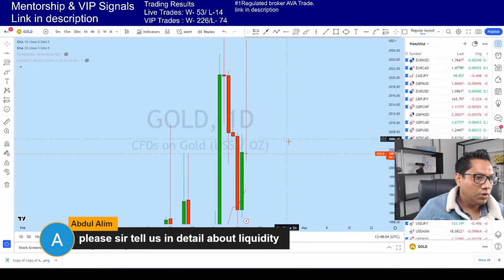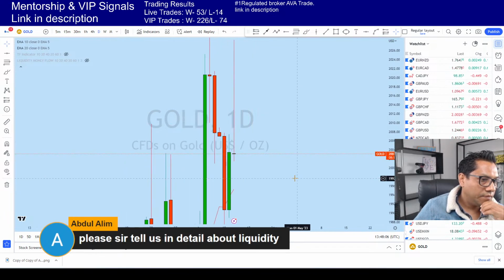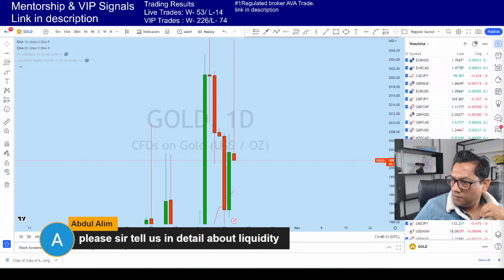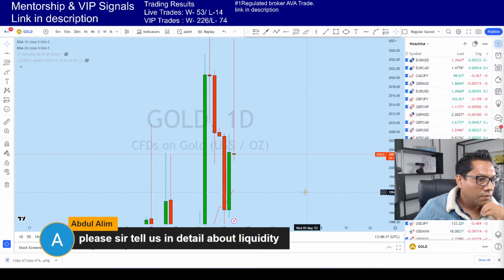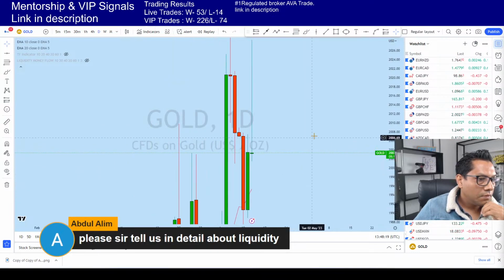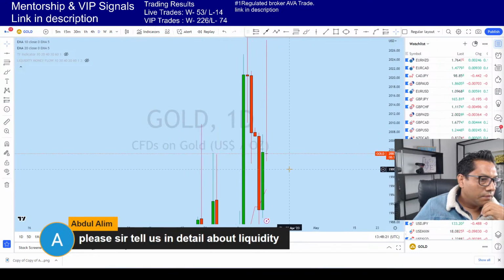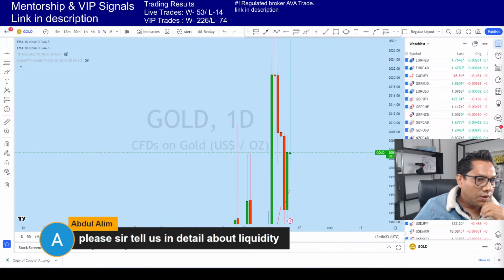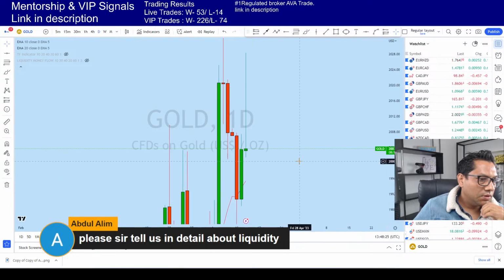Price almost came to the daily support level. I think now it will really bounce.